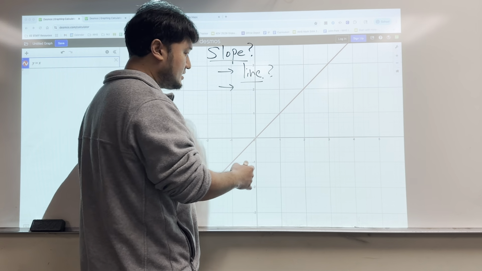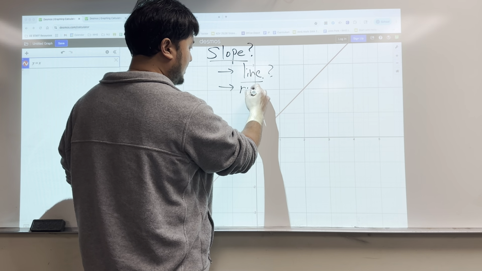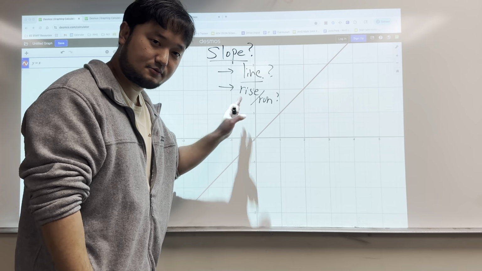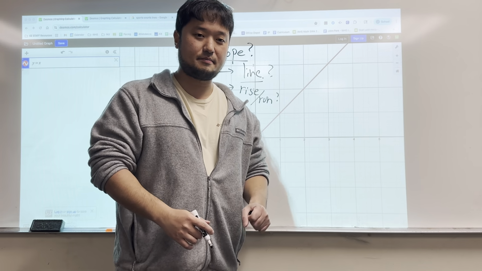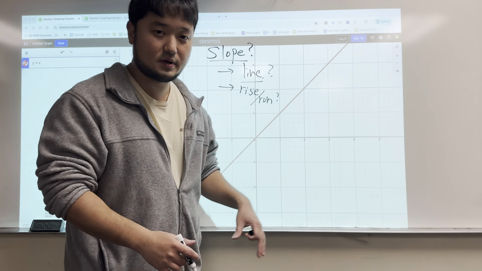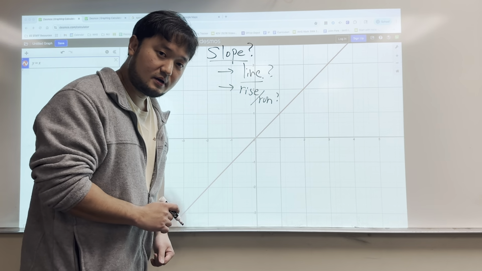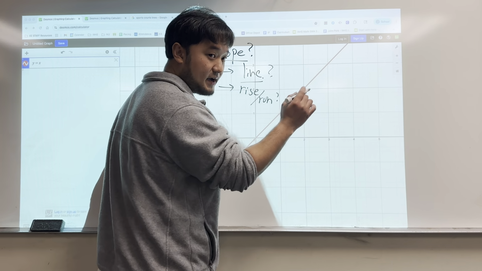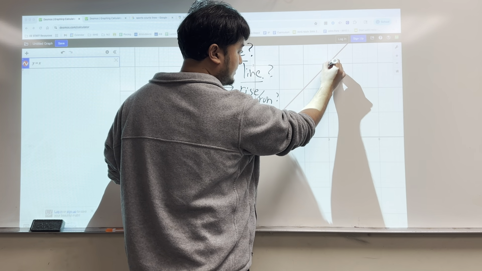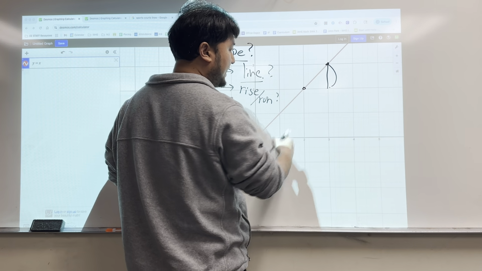Some students tell me it's rise over run. From their memory of 6th or 7th grade, they remember that learning about slope was related to rise over run. Rise refers to the vertical difference, the difference in measurement in terms of height.